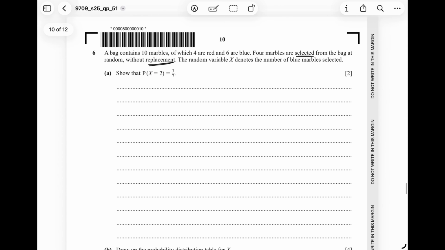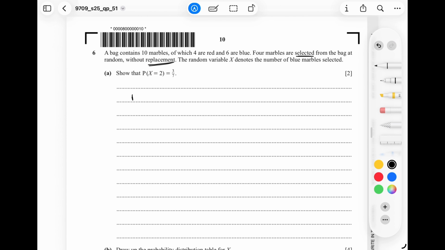We're trying to find the probability of X equal to 2. How are we going to do that? With combinations. What is X exactly? The random variable X denotes the number of blue marbles selected, and we have to choose 2 blue marbles. So out of the 6 blue marbles, we're going to choose 2.